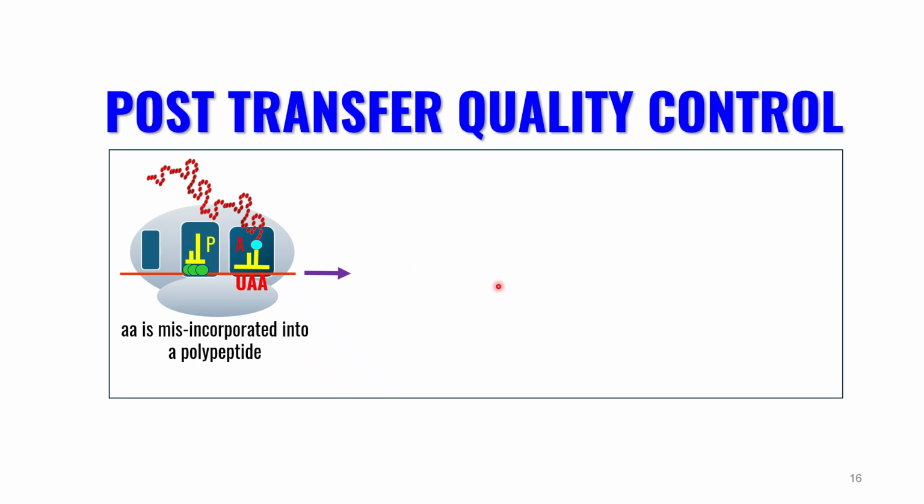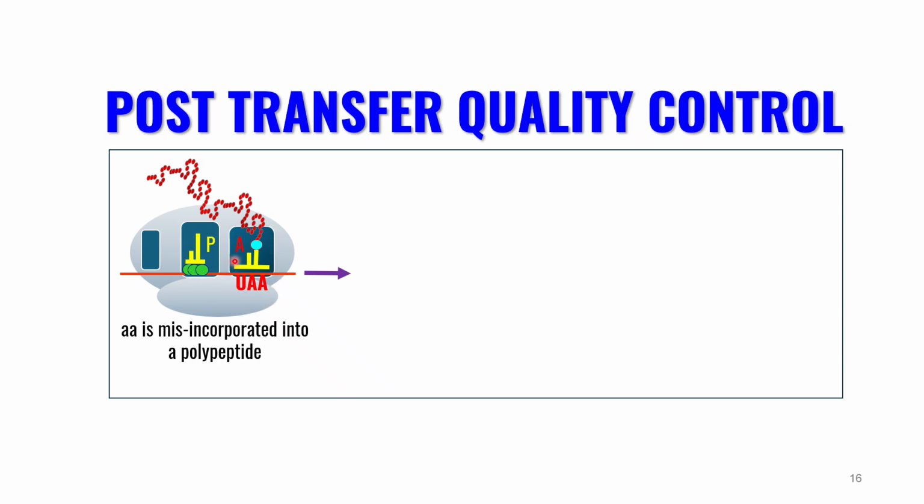Post-transfer quality control is a proofreading activity that takes care of any misincorporation of any amino acid that may happen during elongation or termination. So let us discuss the misincorporation at the step of termination. In this situation the UAA stop codon aligns with the A site, which is a signal for termination.